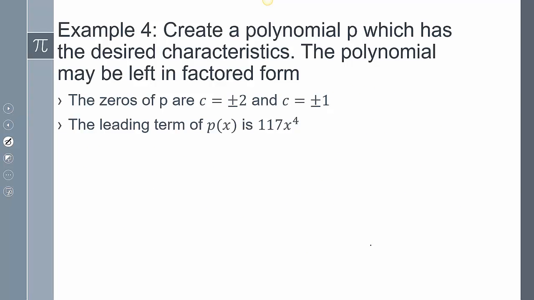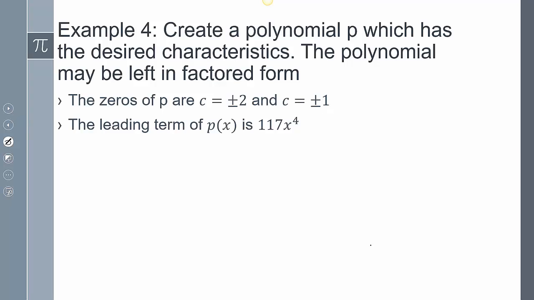Last one, it says create a polynomial p which has the desired characteristics. The polynomial may be left in factored form. So it says the zeros of p are plus or minus 2 and plus or minus 1, and the leading term of p of x has to be 117x to the 4th.